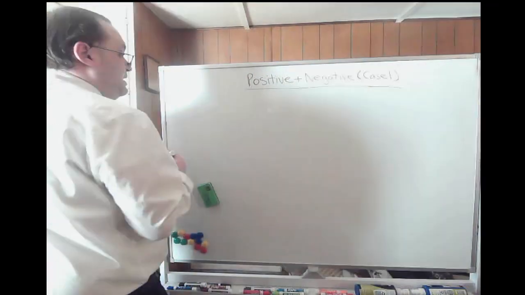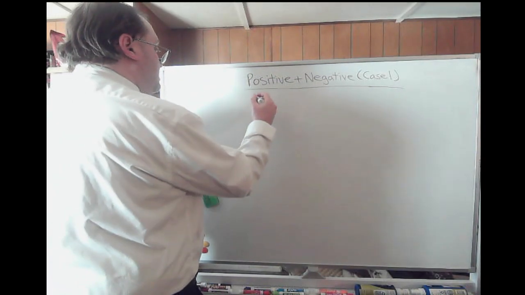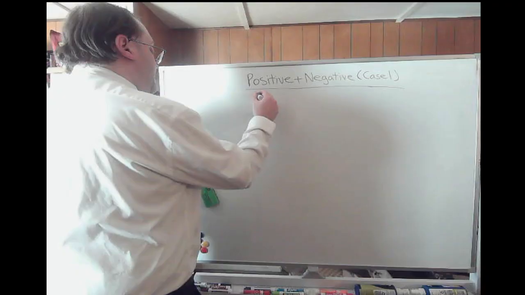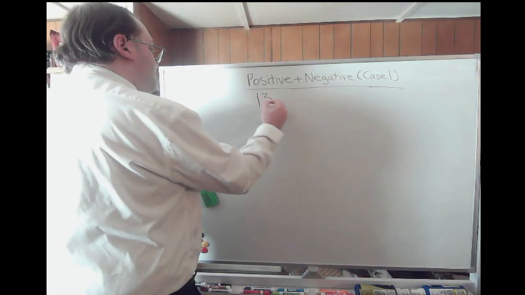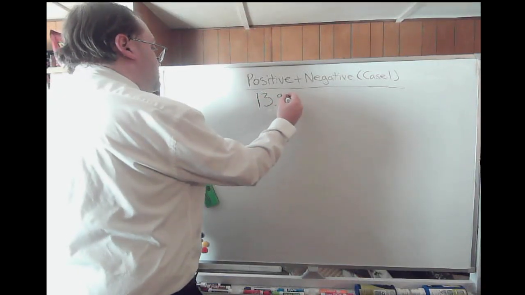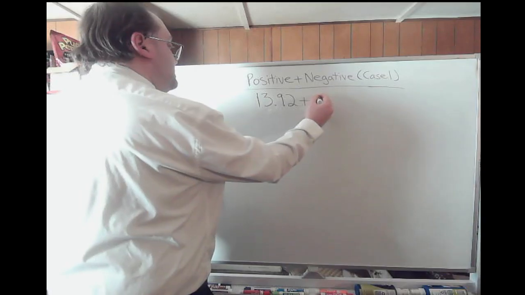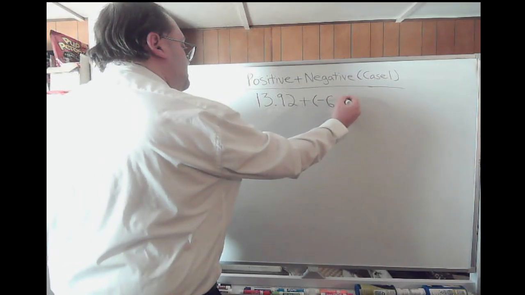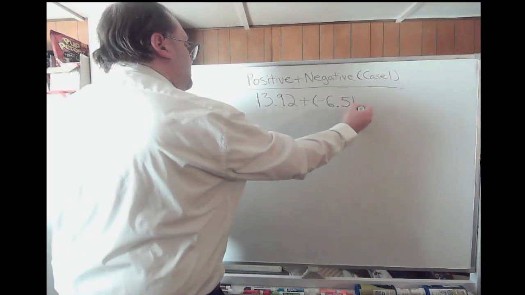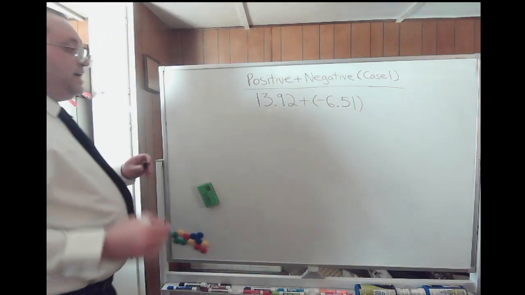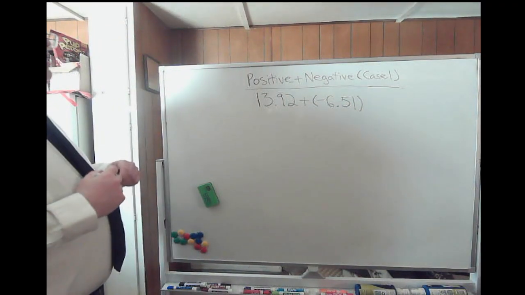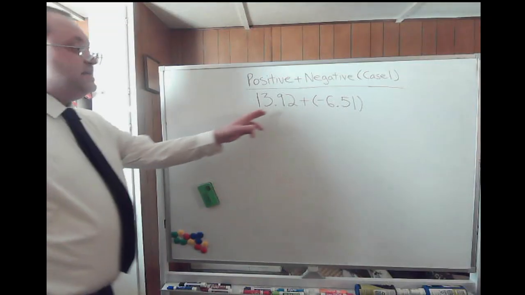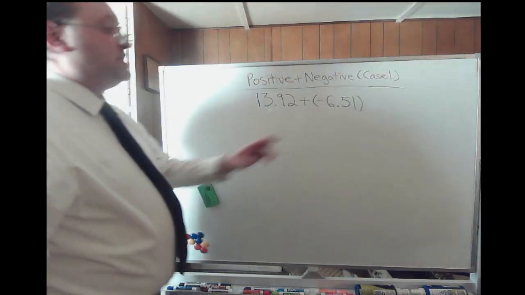Let's say we have 13.92 plus negative 6.51. So I'm going to throw in a decimal one here.